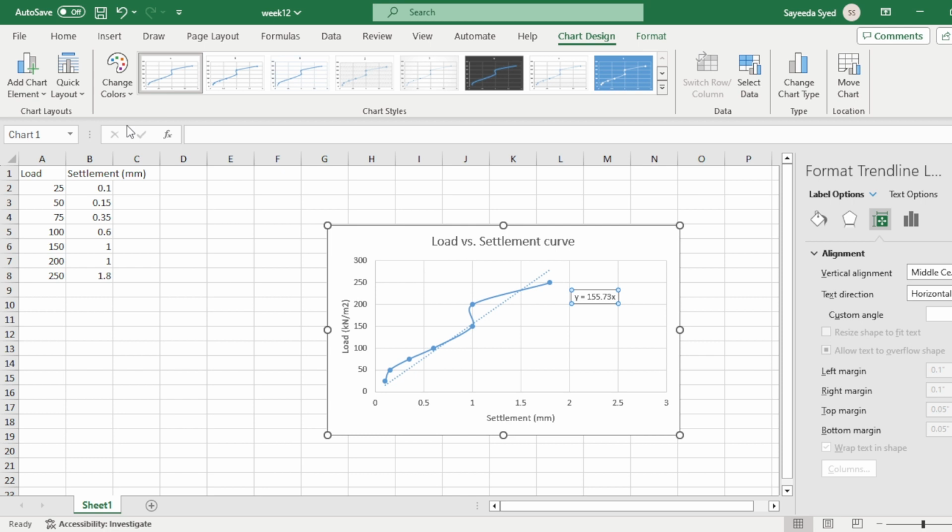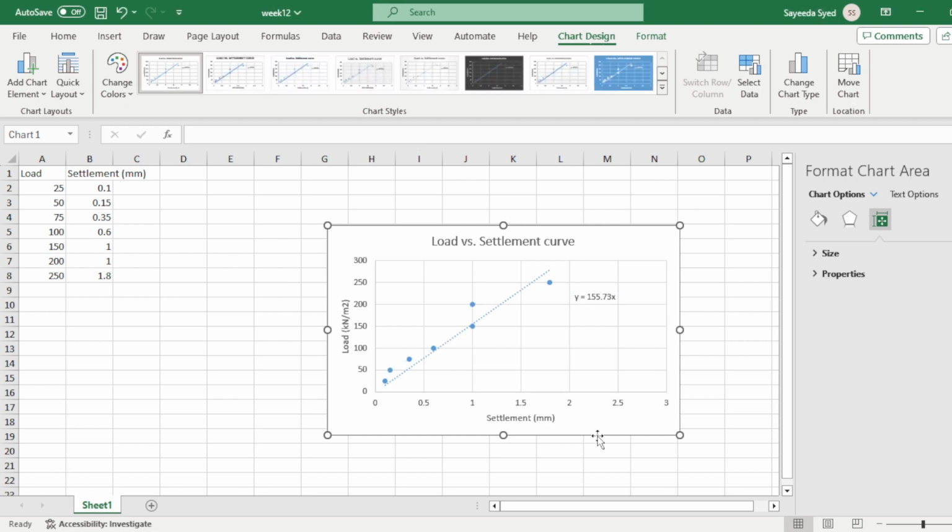Actually, let me change this chart type to this. So this is a better representation, and we can see this in a better way.